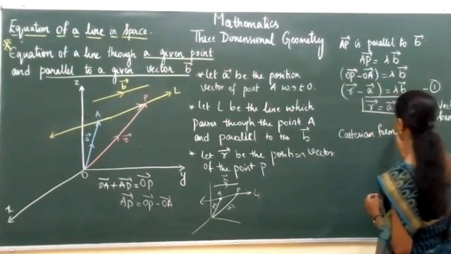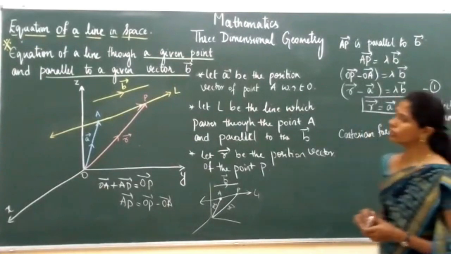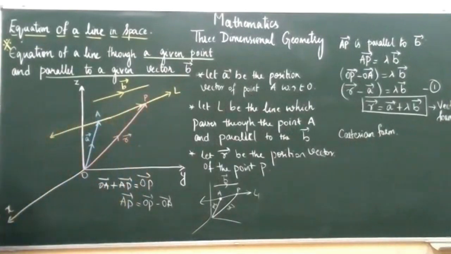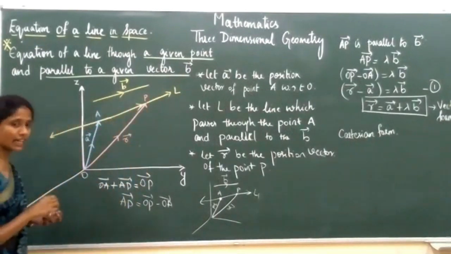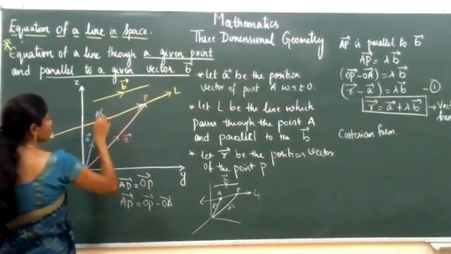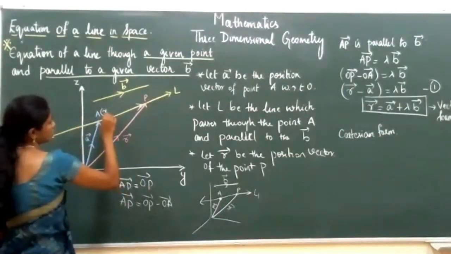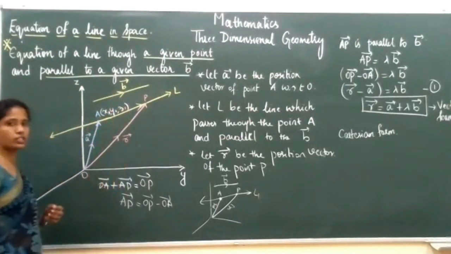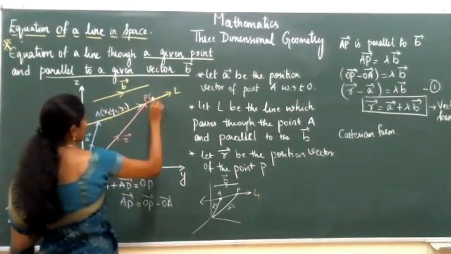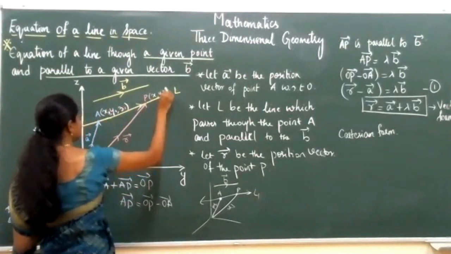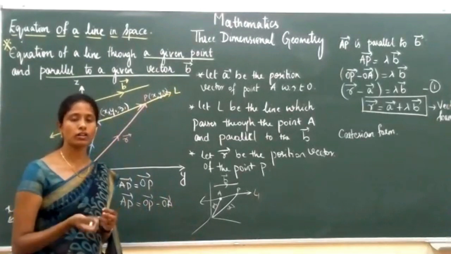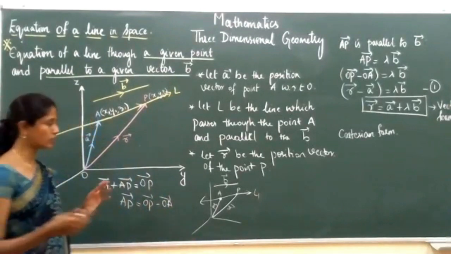Cartesian form is given by. So here we have considered two points, point A and point P on the line L, where the Cartesian coordinates of the point A are x1, y1, z1, and the Cartesian coordinates of the point P are x, y, and z. Okay, so if we know the Cartesian coordinates, we can write in vector form.